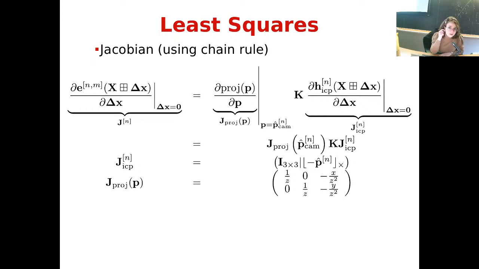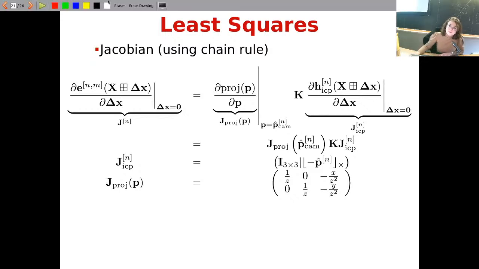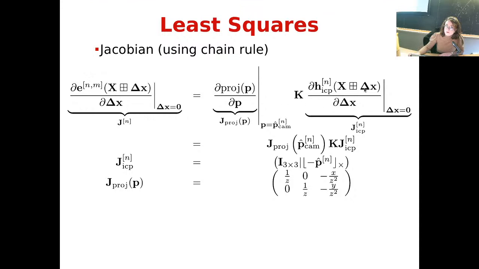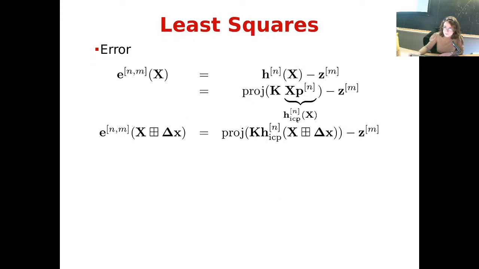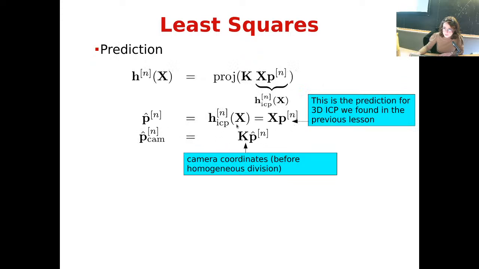Again, the Jacobian, as we have seen also in the last exercise, is computed by taking advantage of the chain rule. So what we do is we consider that the Jacobian is equal to the product of the Jacobian of the outer function, which is the projection operator, with respect to its argument, computed in the current estimate of the argument, which is p hat cam according to the previous slide.